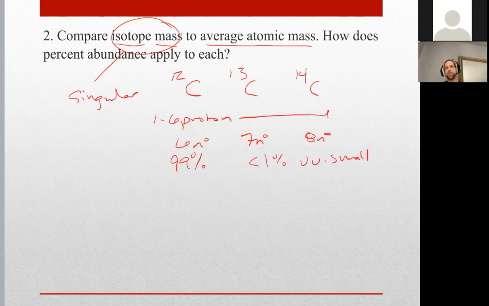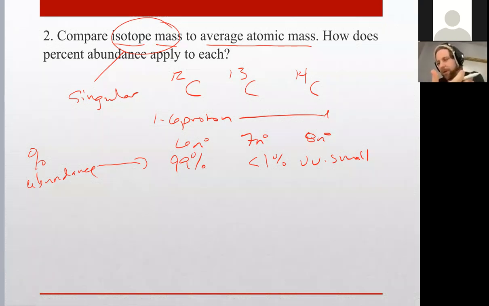What we're using these isotopes for is we can use the isotope and the percent abundance, how often it occurs in nature. So we take any given sample of pure carbon. We're going to say about 99% of it is going to be carbon 12, and then the other 1% or less is going to be these heavier isotopes, 13 and 14.